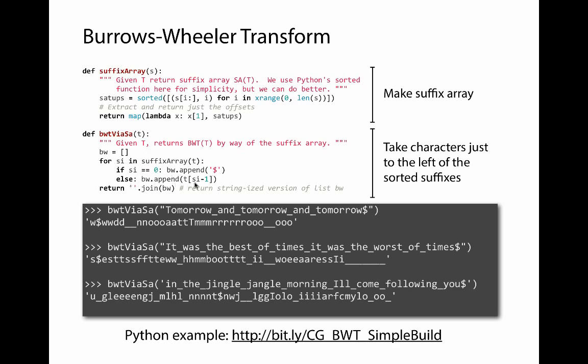Otherwise, it's going to append the character right before that offset, and then return the join of all those characters. Okay? So if you take that function and run it on the same examples, hopefully you get the same output, and indeed you do get the same output. So this is another way of doing the Burrows-Wheeler transform.